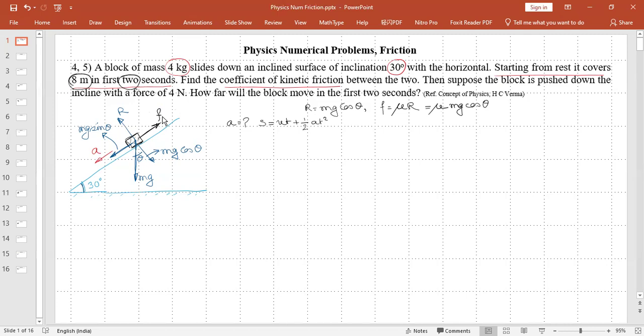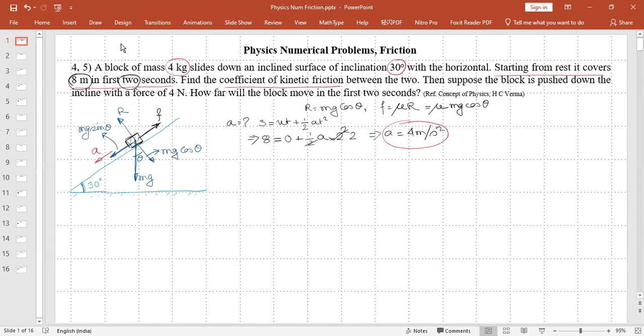So from here we get 8 meters is equal to, U the initial velocity is 0, plus half A into 2 squared. From here we get A is equal to 8 by 2, that is 4 meters per second square. This is one value which has to be remembered.